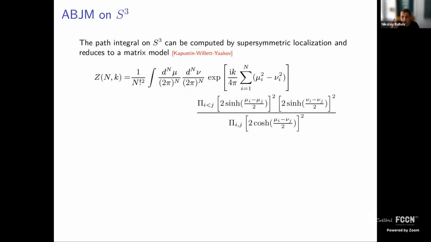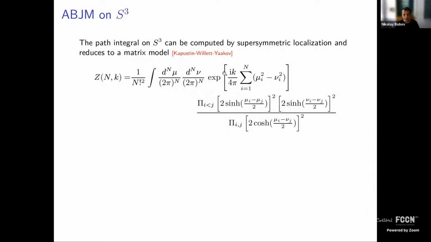And now on S3, I can use the powerful tool of supersymmetric localization, which often requires compact Euclidean manifolds so that the path integral converges. Following ideas of Witten, Nekrasov, Pestun, and others, people computed this path integral. So this integral that you see here, this ordinary integral, is equivalent to the path integral of the full quantum field theory.